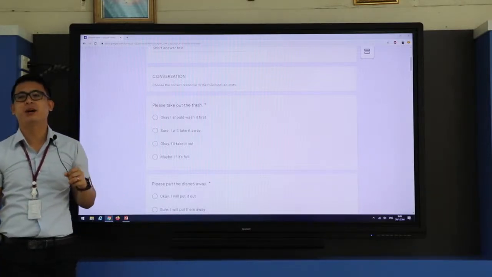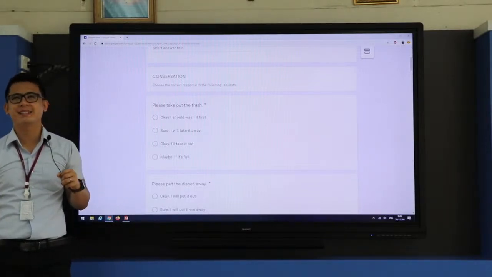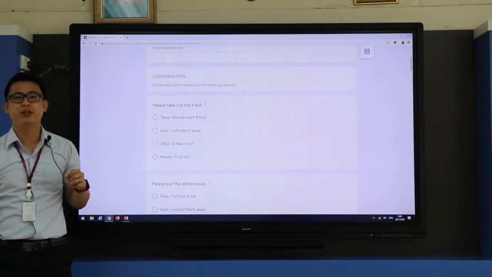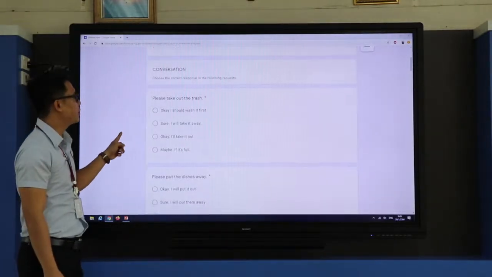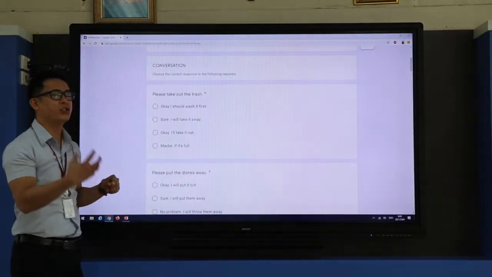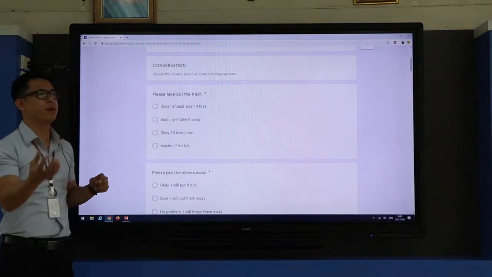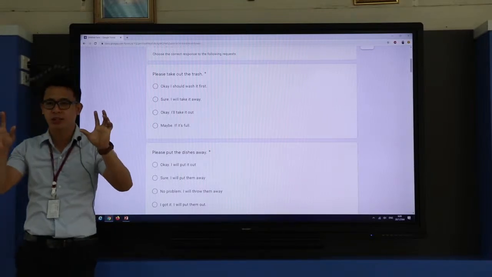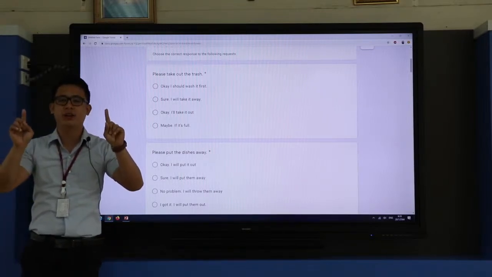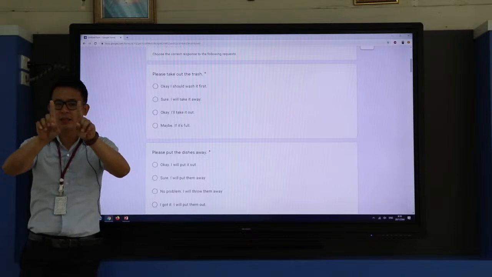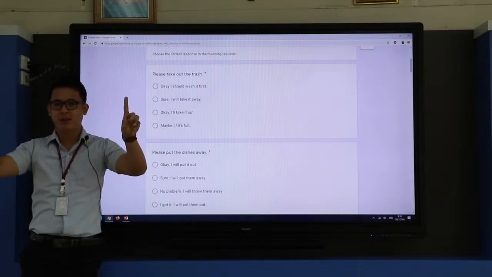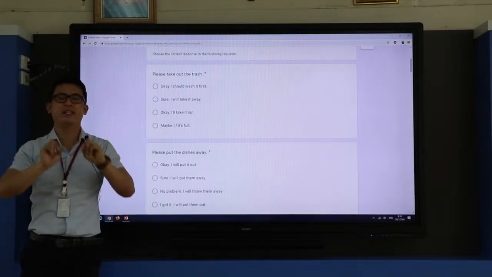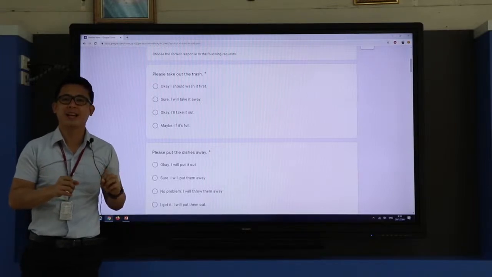So, this is part of your Unit 6, your phrasal verb, and how are you going to give response to the following requests. All right, so please take notes when you are using phrasal verb. The noun can be separated or can be connected. For example, take the trash out.